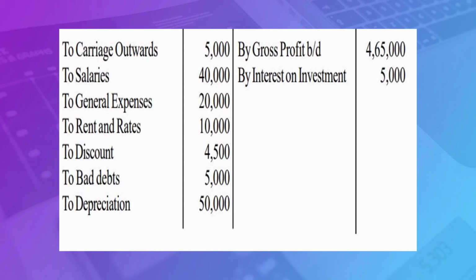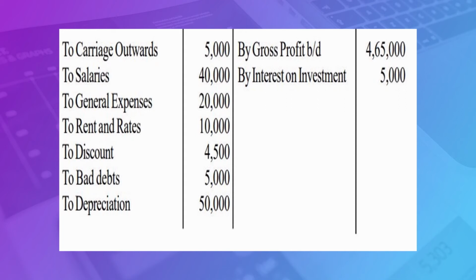So, dear friends, I had told you that if we have made investment outside the business and if we have earned any interest, any income on that investment is our income. Therefore, such income will be recorded in the credit side of the profit and loss account.